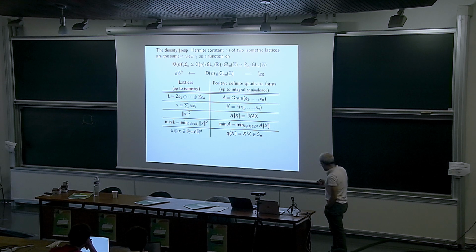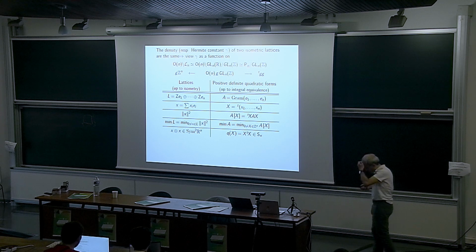And for some reason which so far will seem obscure but will become clear in the next slide, I also mention this correspondence. So on the side of lattices, we will consider tensors of this shape, which will correspond to matrices of a special shape in the set Sn of symmetric matrices associated to a given vector x.